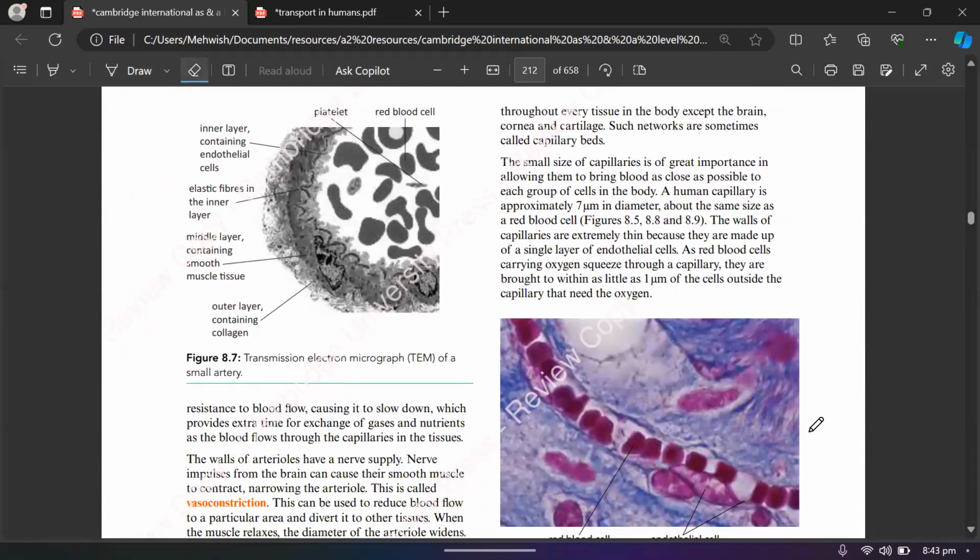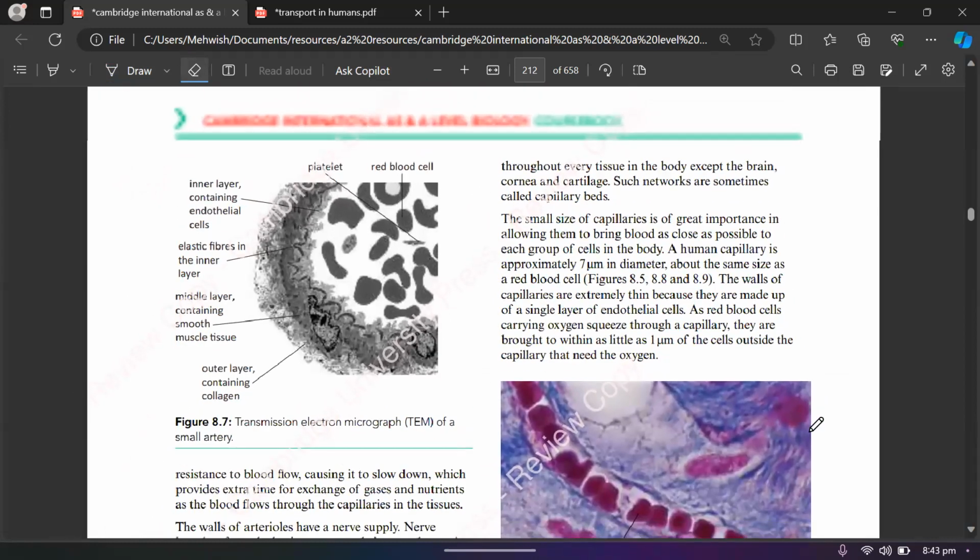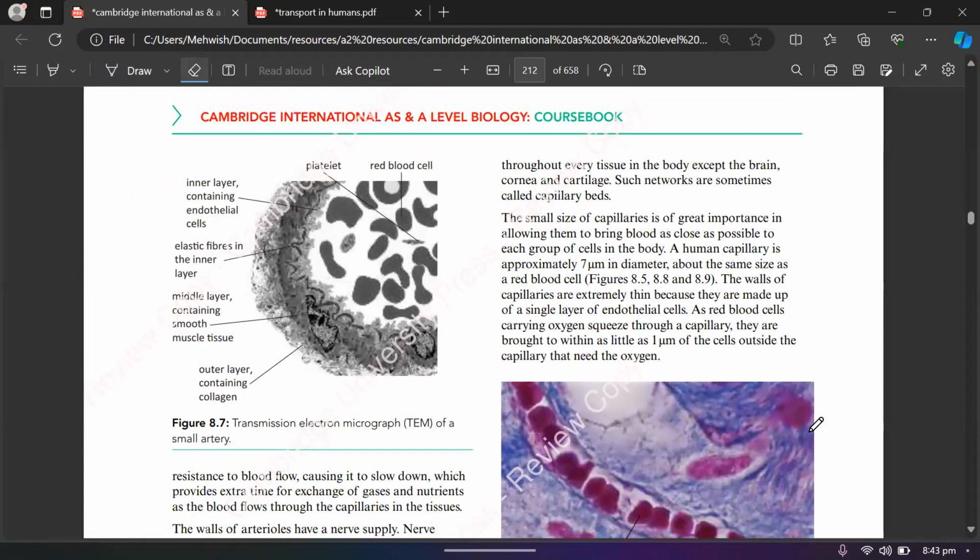And this is the transmission electron micrograph of a smaller artery that is showing you a little thinner elastic muscular fiber wall that has elastic fibers in the inner layer. The middle layer has smooth muscles, and the outermost layer has collagen.